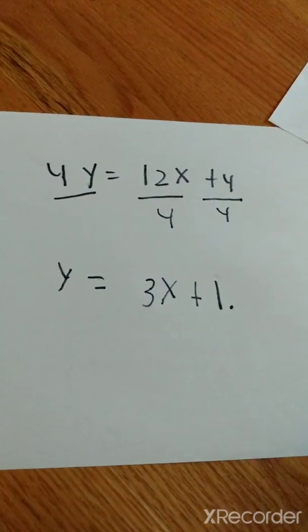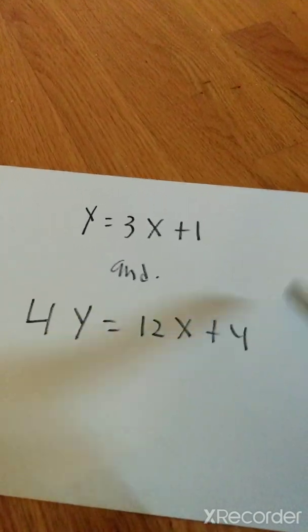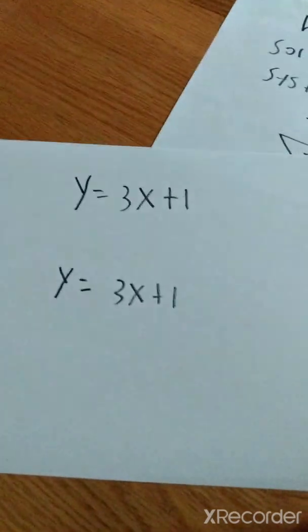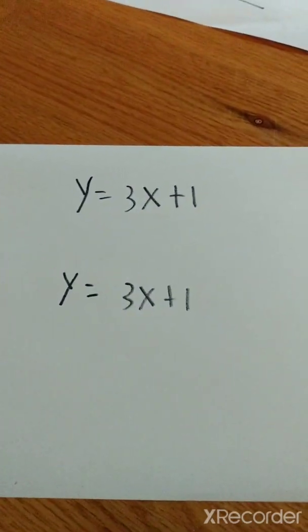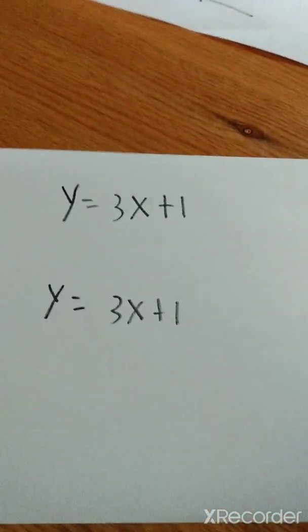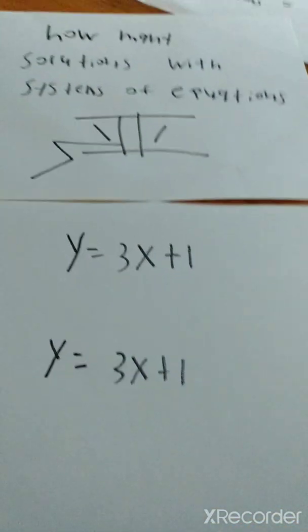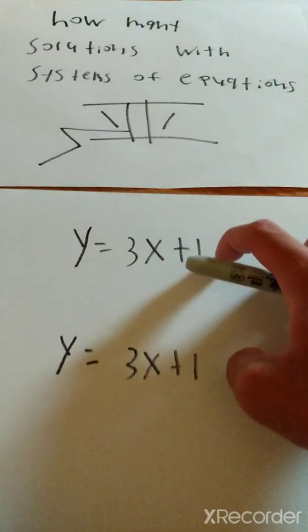Let's put the equation on a blank piece of paper and compare it with the other one. We have turned these equations into y equals mx plus b form. Didn't you notice something strange and a bit odd about these two equations? What we were doing is finding how many solutions these two equations will get us.